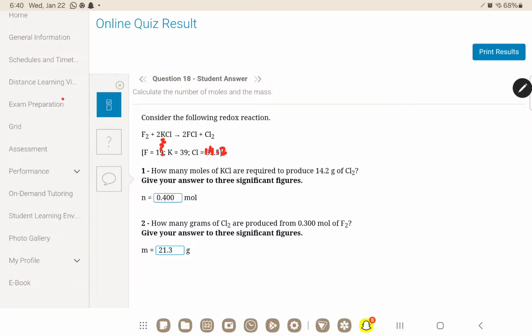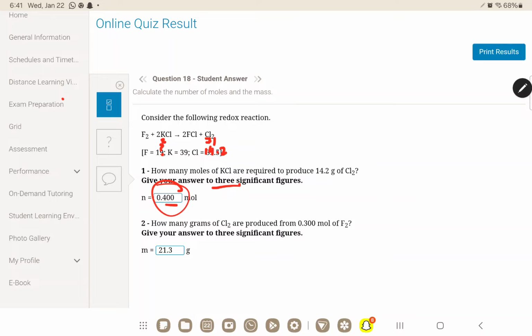Cl2 is 35.5 times 2, so it will be 71. Keep it in mind. Always they ask us about Cl. So then you do 14.2 times 2, then divided by 71. You will get 0.4. 3 significant figures, add 2 zeros after the 4.